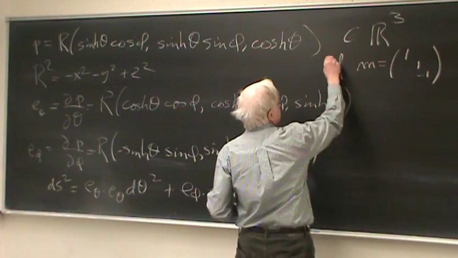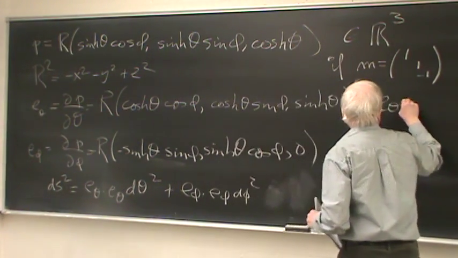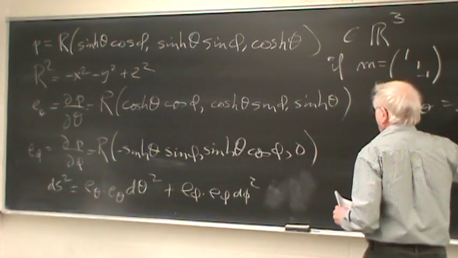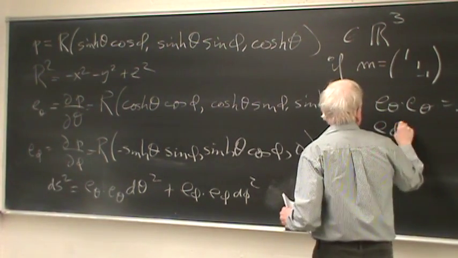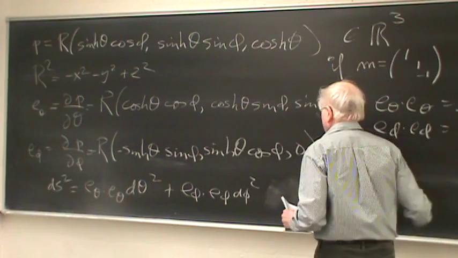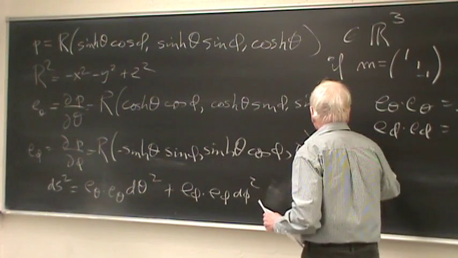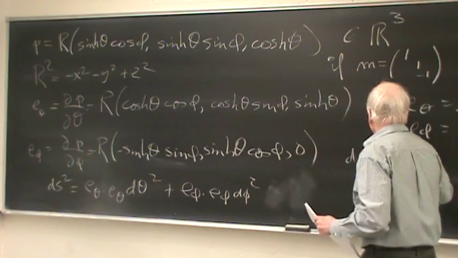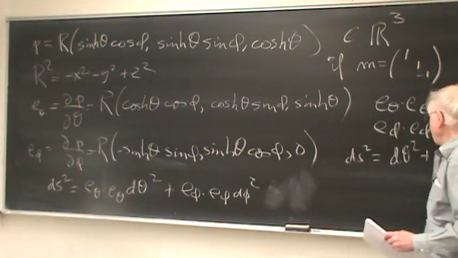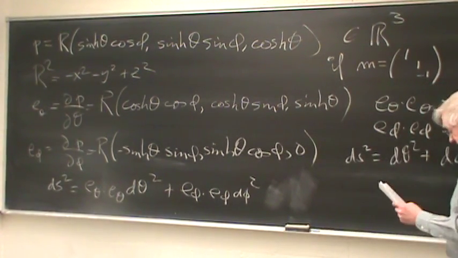So if this is the metric, then e theta dot e theta is equal to 1. E phi dot e phi is also equal to 1. And ds squared is equal to d theta squared plus d phi squared.